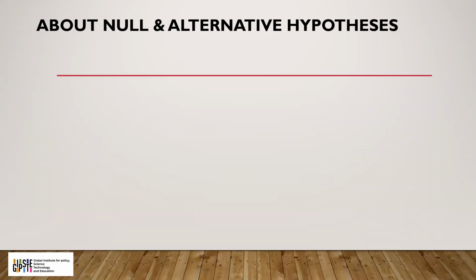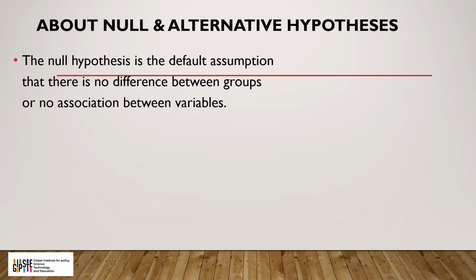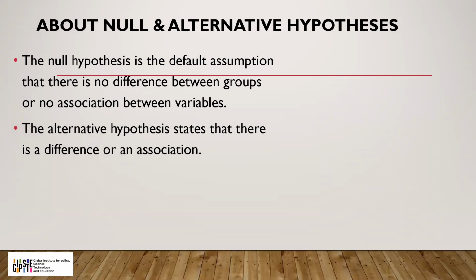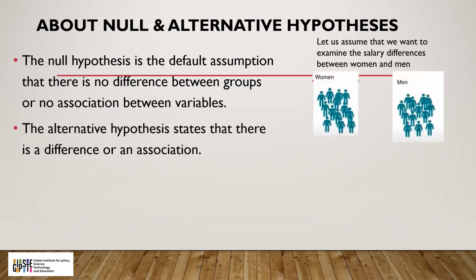About null and alternate hypothesis. The null hypothesis is the default assumption that there is no difference between groups or no association between the study variables. However, the alternate hypothesis states that there is a difference or an association among the variables. Let us assume that we want to examine the salary difference between women and men.